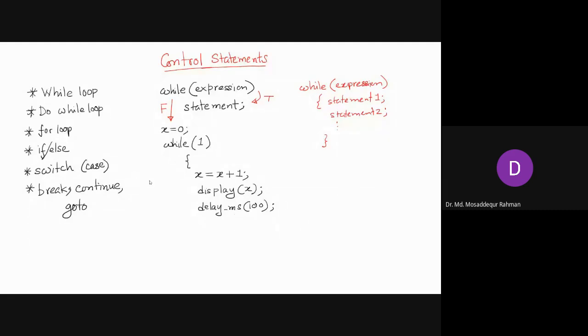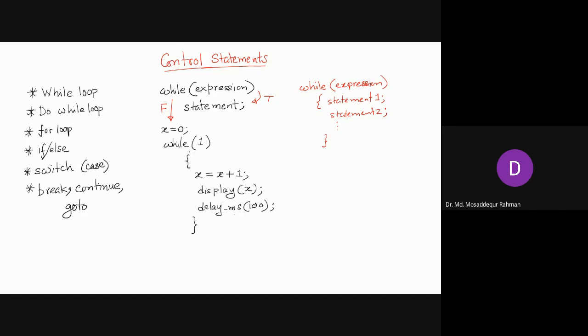Okay. So next, here we close this one. We have written a small program using the while statement, while one. One is always true, and we're not changing its value.